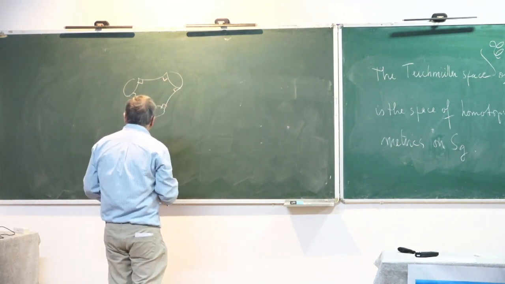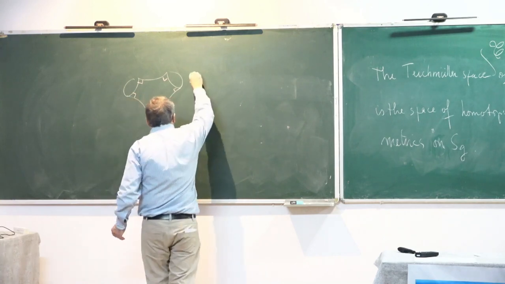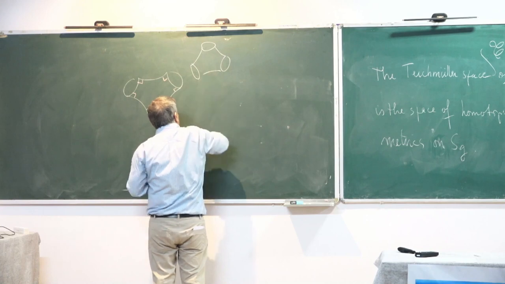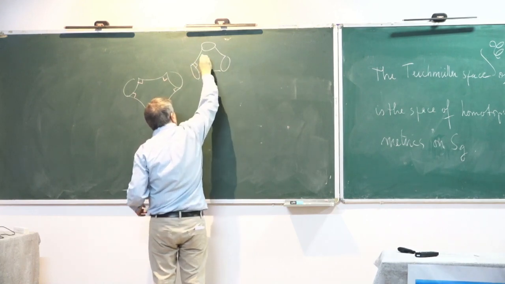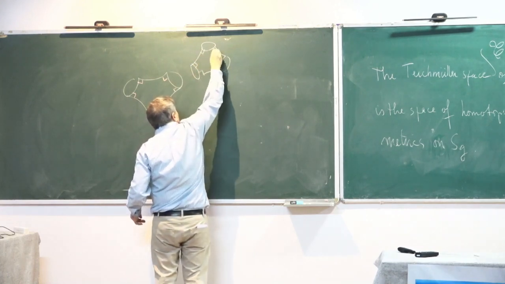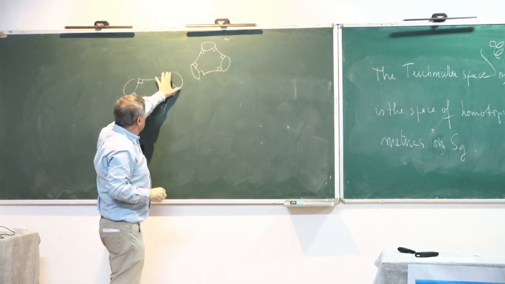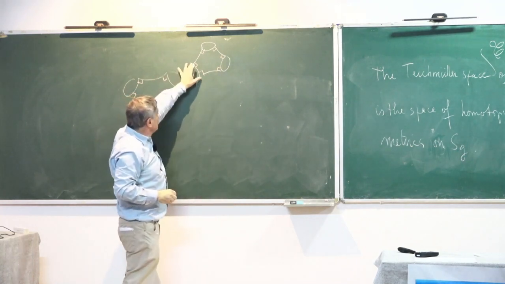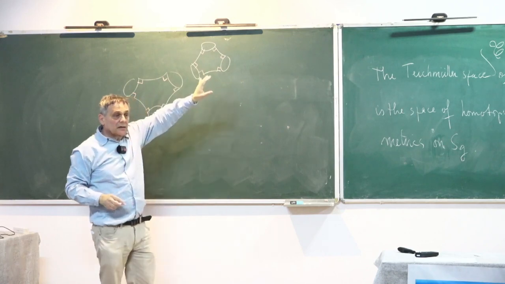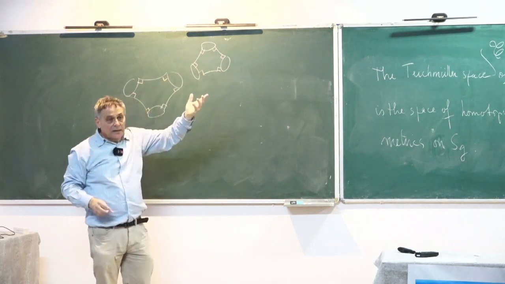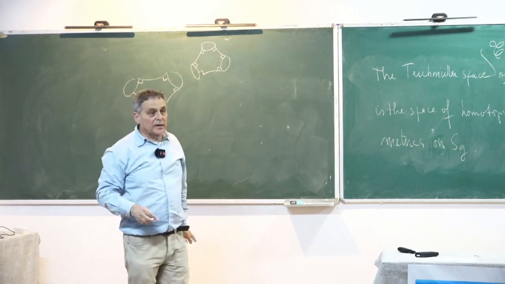And then you see, I can take two of these pairs of pants. What do I need so that I can glue this side to this side? Yes, I need them to have the same length. If they have the same length, I can glue without problem.